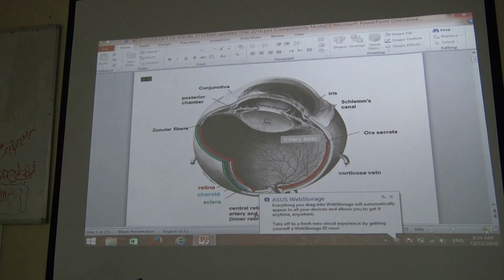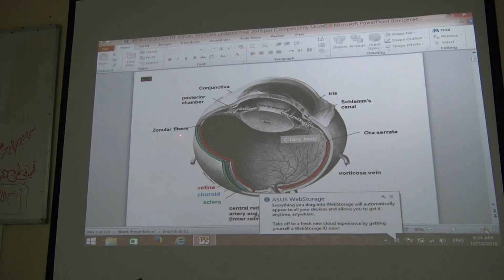In general, كده, the retina is the inner layer inside the globe. We have two important compartments of the globe.